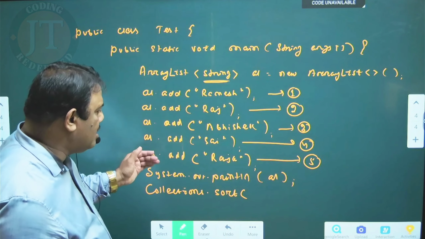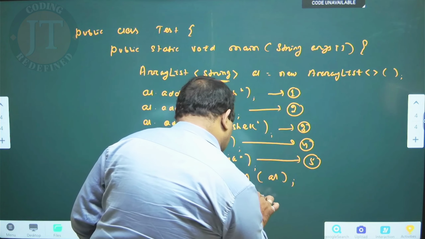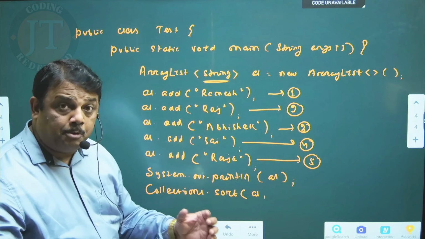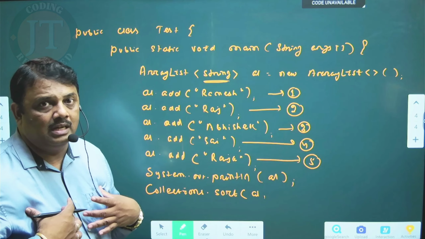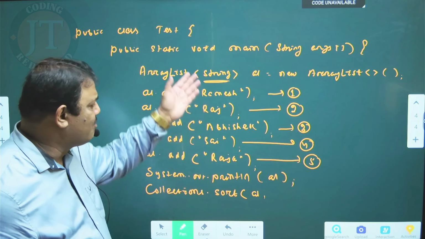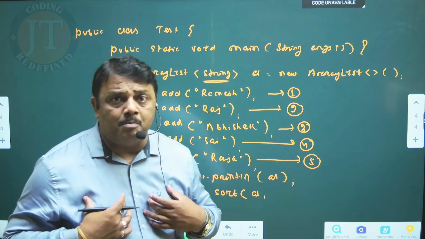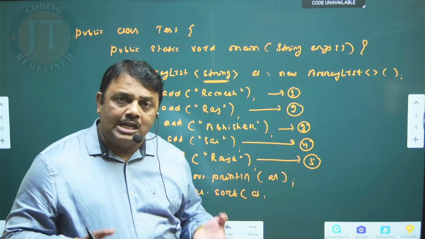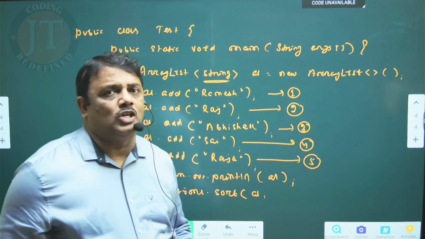What is the job here? I pass AL because I want to sort the elements as per my requirement by using the ArrayList object. In the ArrayList there are 5 elements, but as per my requirement I can do it in a customized way.